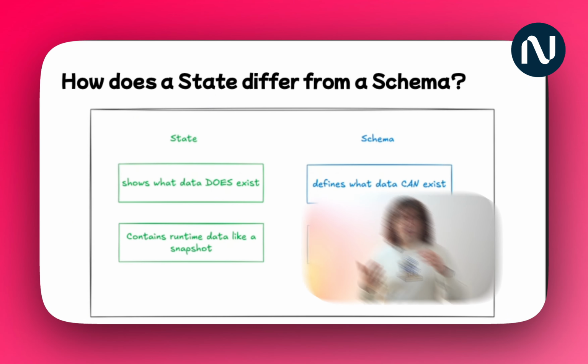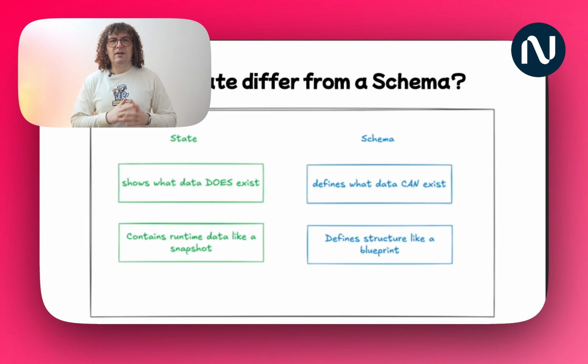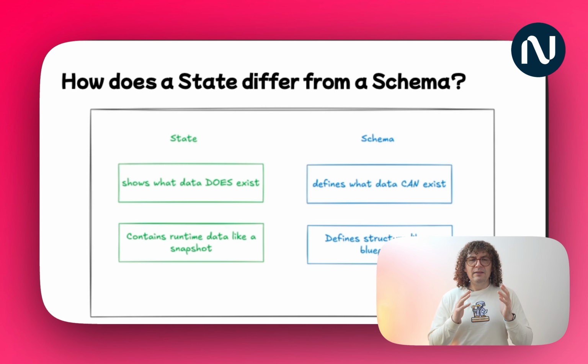And you might be asking, what's the difference between a schema and state? Also, because often we see those two terms mentioned and even thrown together without really being sure what's the difference between them. Well, to separate them and create some understanding: the state shows what data does exist, whereas the schema defines what data can exist.